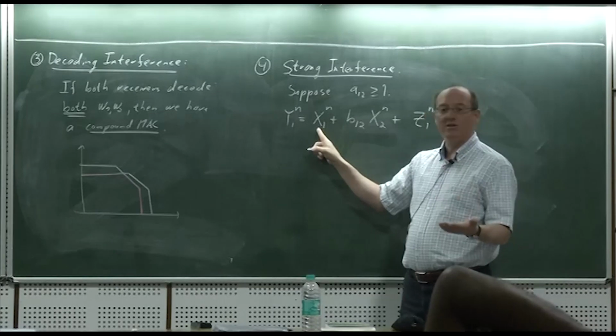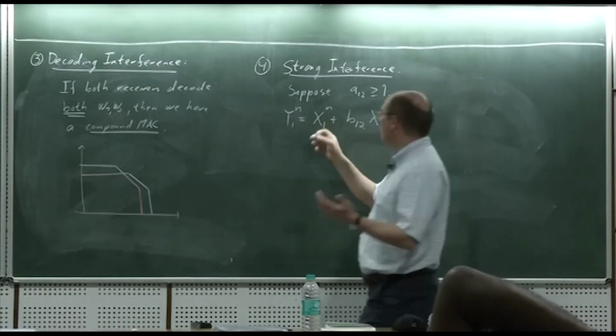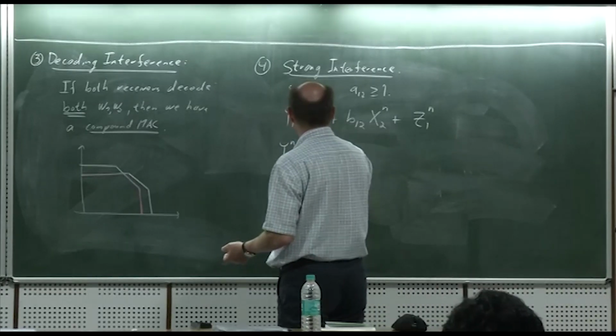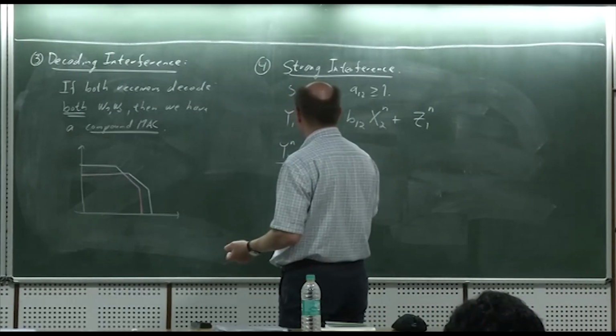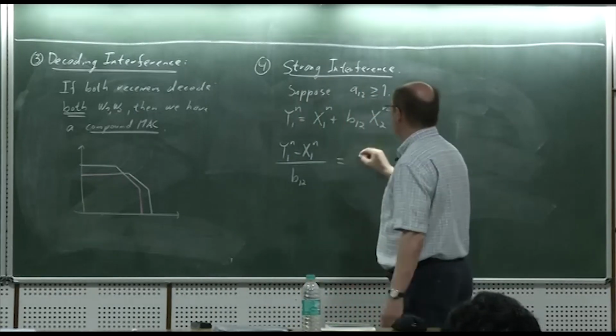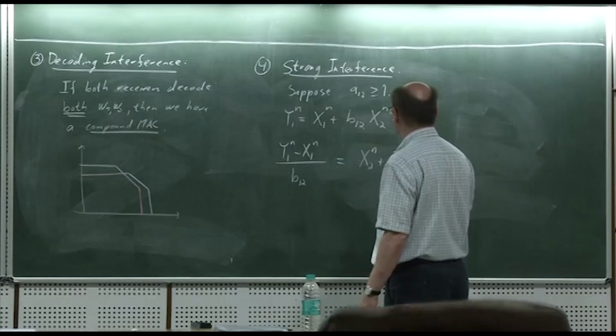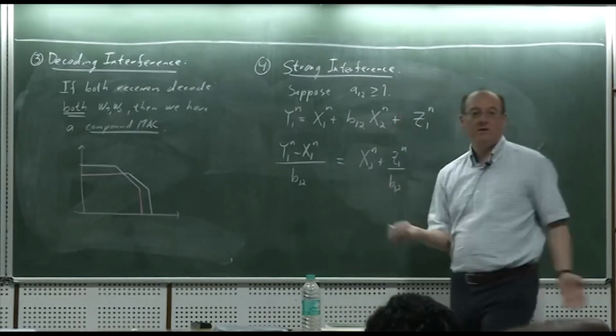And if I can recover this, then I can just form this, y1n minus x1n, and divide by b12. And then I will get x2n plus z1n by b12, right?